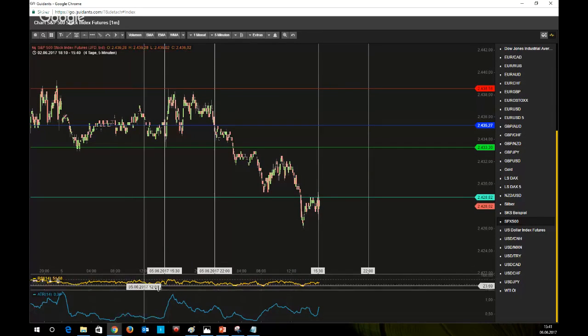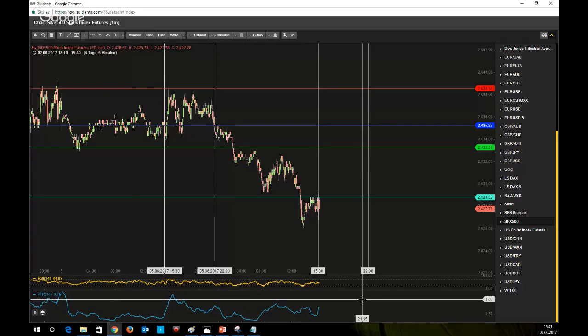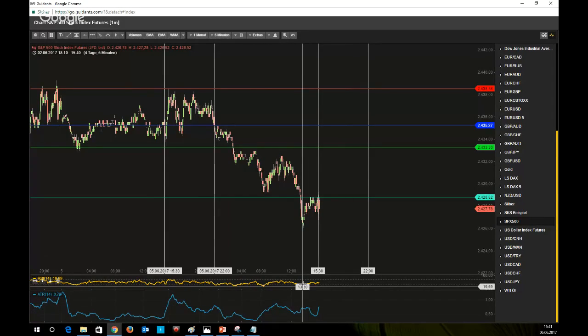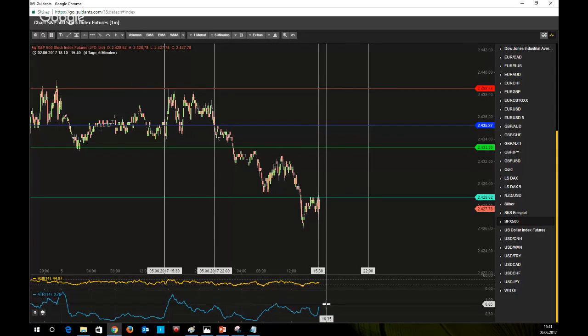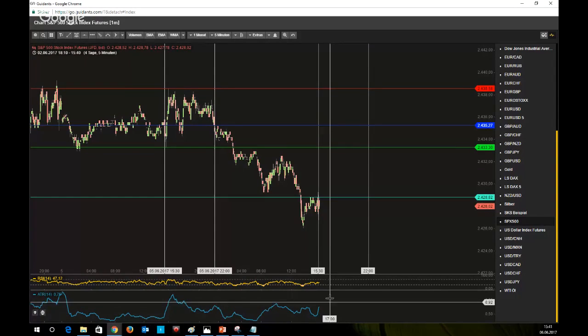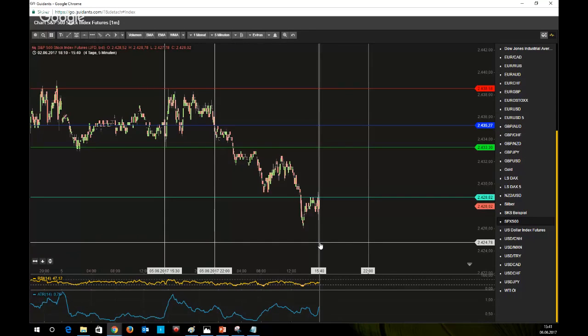Sometimes I have it in the chart to have a better view of whether a divergence is forming or something. Right here we have an ATR of 0.85, so it's about 1 point, no joke. Wow, this is crazy. On the other hand, volatility is horrible right now.